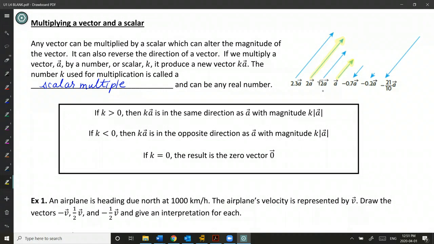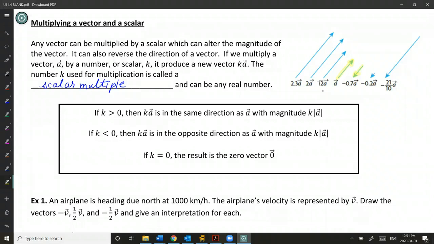If k is less than 0, or in other words negative, the vector k times vector A will be in the opposite direction with a magnitude of the absolute value of k times the magnitude of A. So a good example of that are the vectors on the right of vector A here. If I take vector A and multiply it by negative 0.7, the vector will reverse directions and it will also become smaller because of that 0.7 multiple.